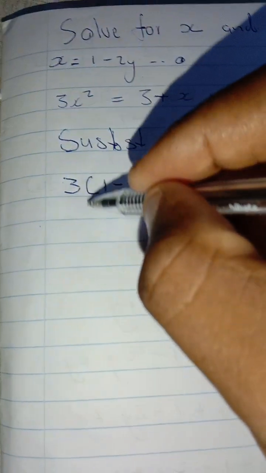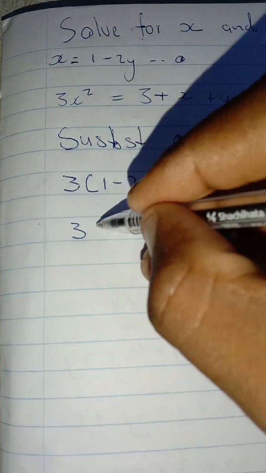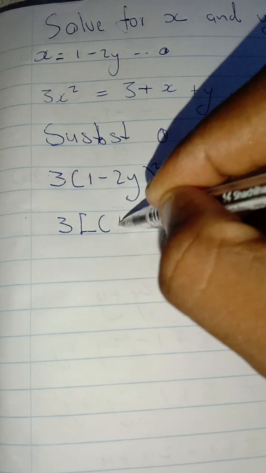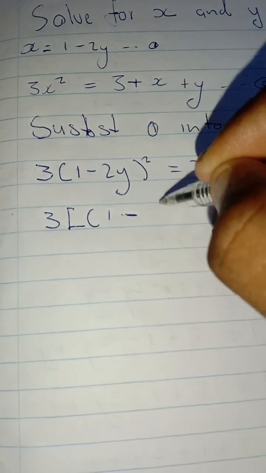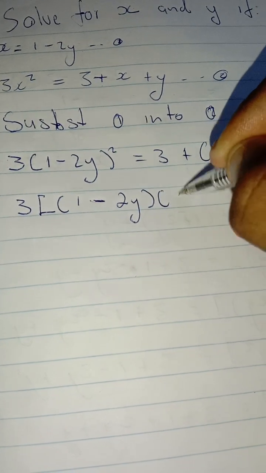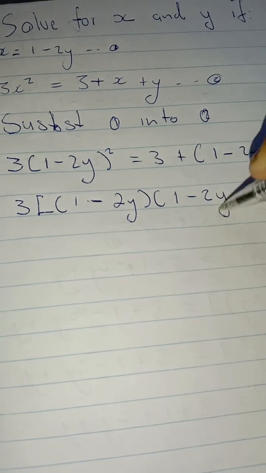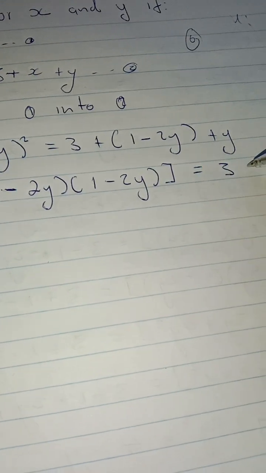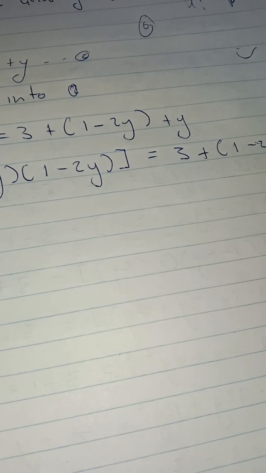So now we're gonna say 3, c bracket. Let's use c brackets. 1 minus 2y bracket, 1 minus 2y bracket, c bracket is equal to 3 plus, and then 1 minus 2y plus y.